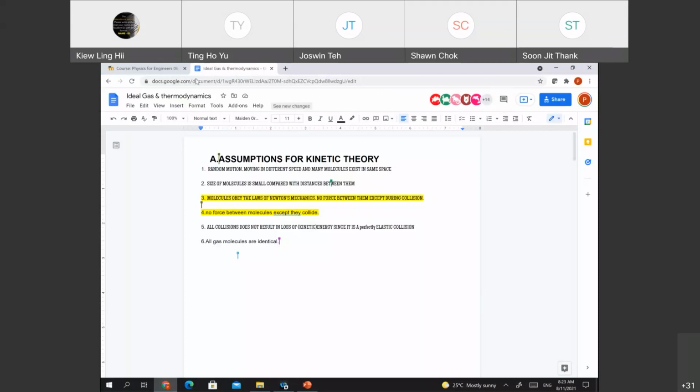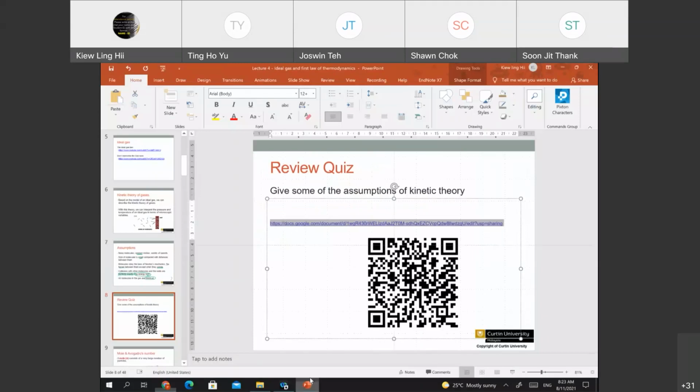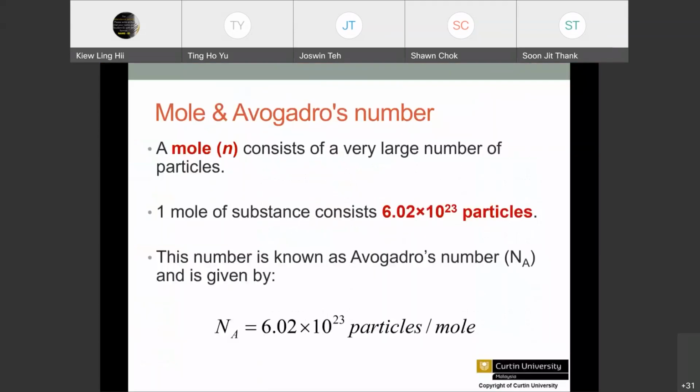So let's move on to the calculation. Remember we have PV equals nRT. This n refers to the number of moles.